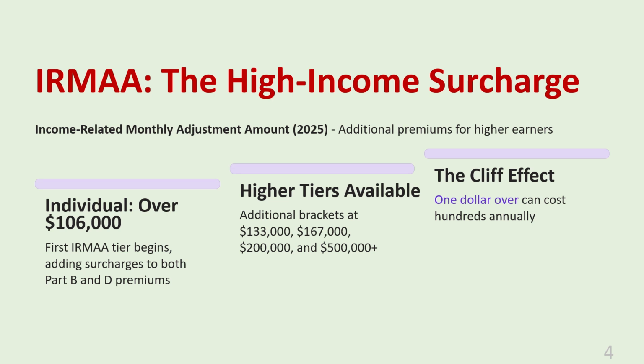And if your filing is joint, like with a spouse, you both will have to pay that amount. This single dollar of extra income can easily cost you hundreds or even thousands of dollars in extra premium. That's why we need to know exactly where these cliffs are.